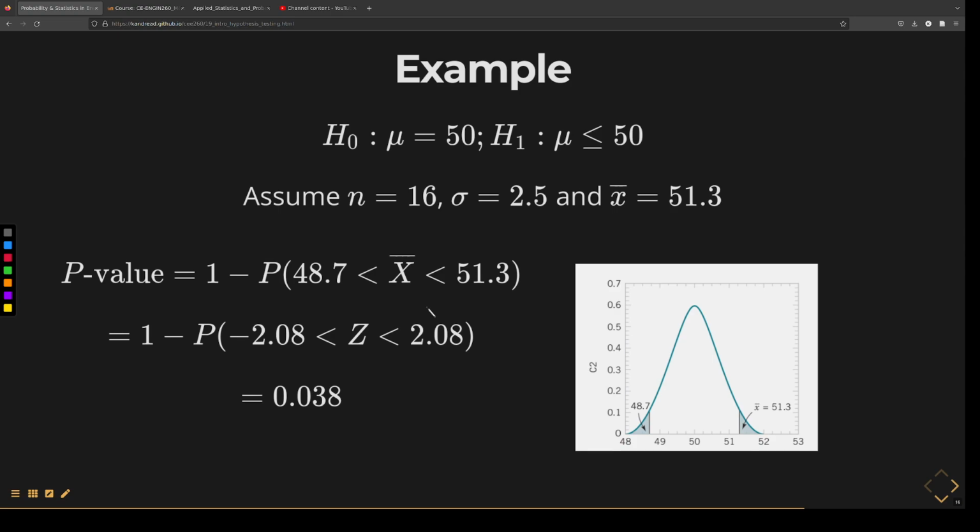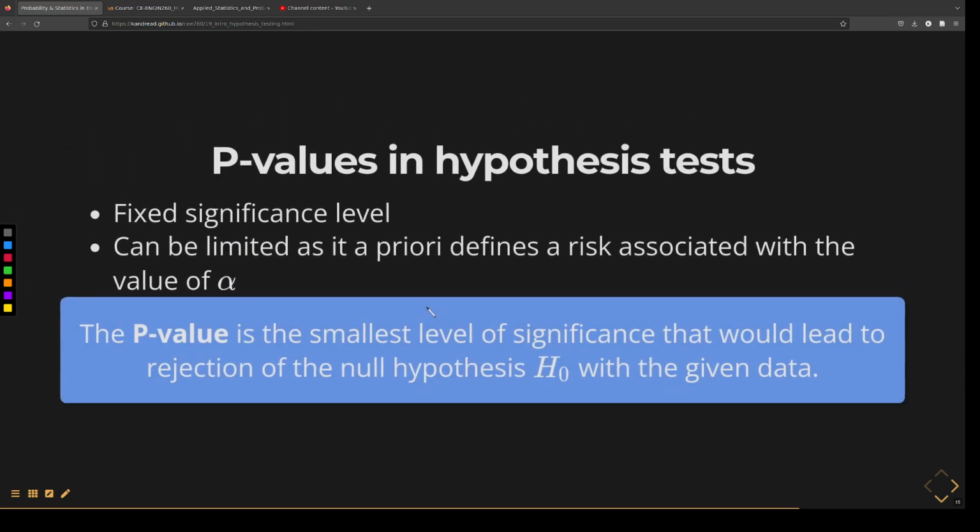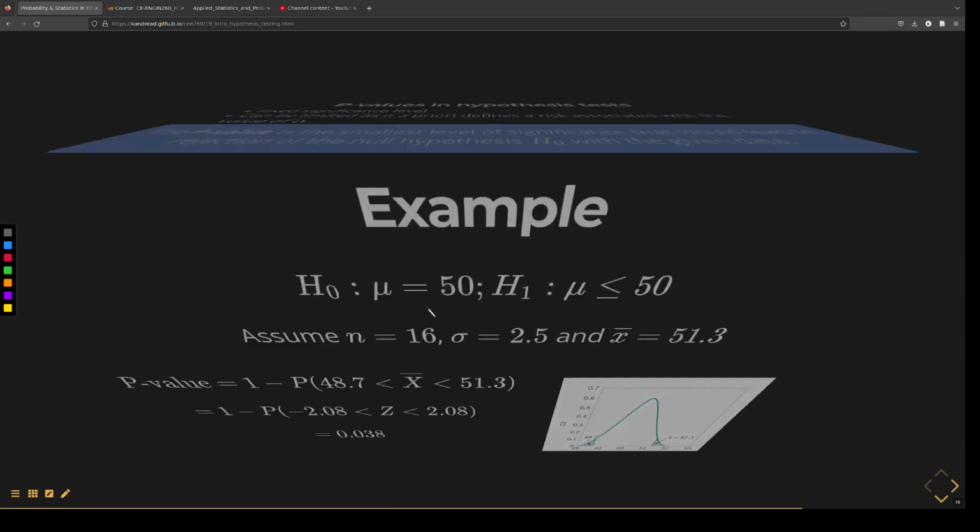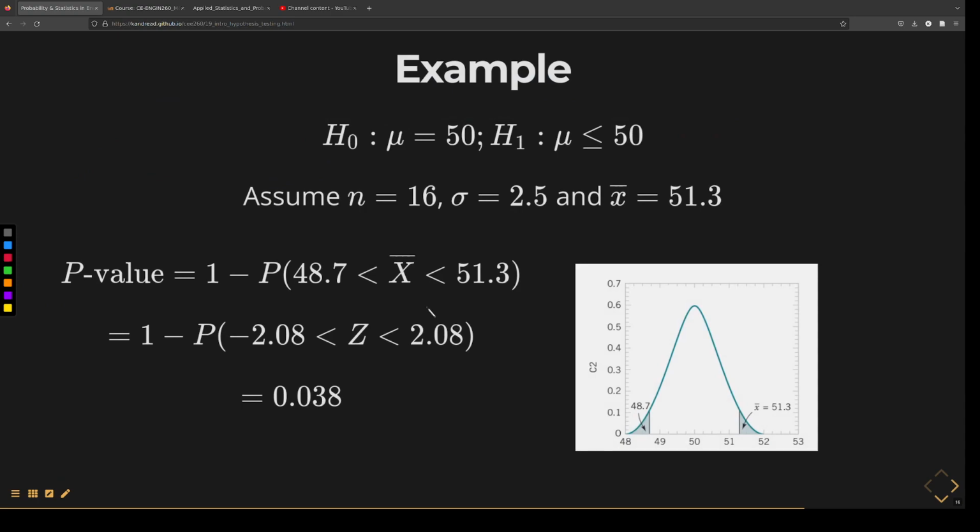So we end up with a p-value of 0.038. And again, if we look at the definition, it's the smallest value that would lead us to the rejection of the null hypothesis with the given data. So the p-value basically tells us that 4% is the significance level that would allow you to reject the null hypothesis.